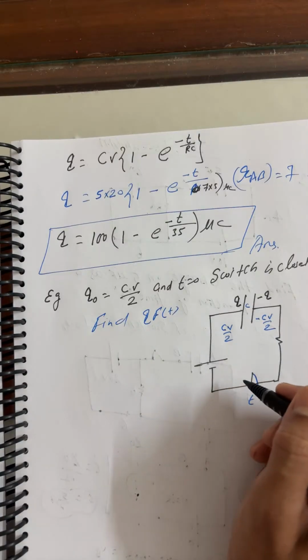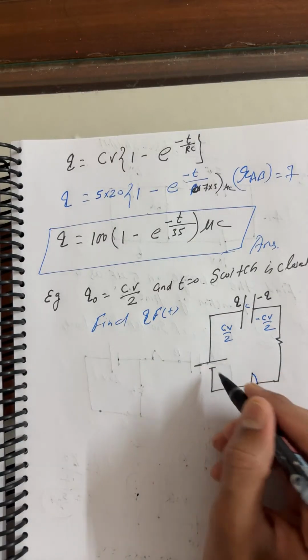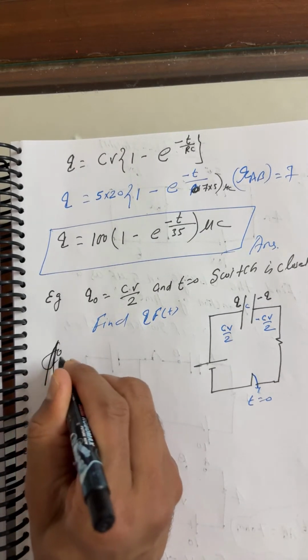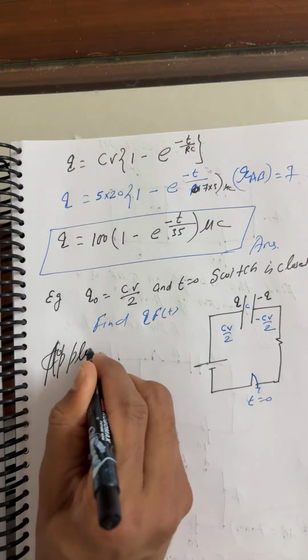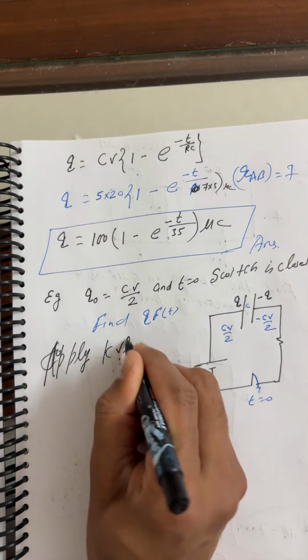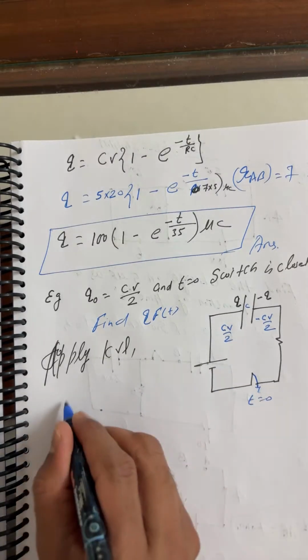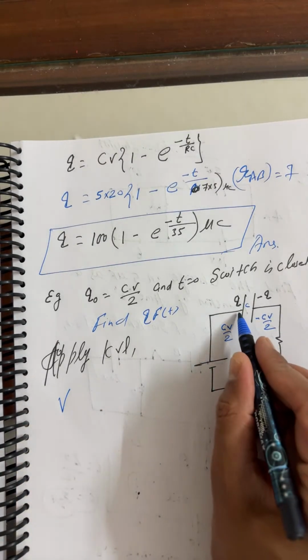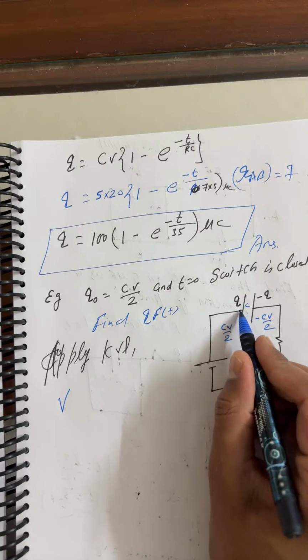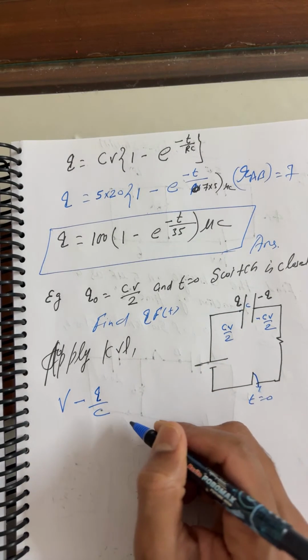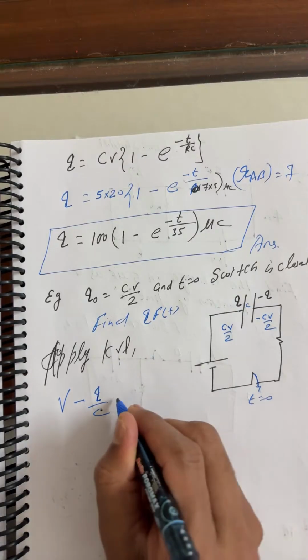So this is minus 2 plus here plus V, and what's the potential drop on the capacitor? V is equal to Q by C.